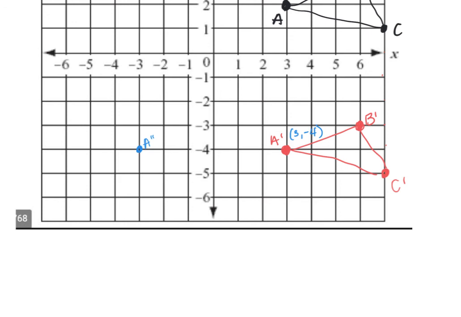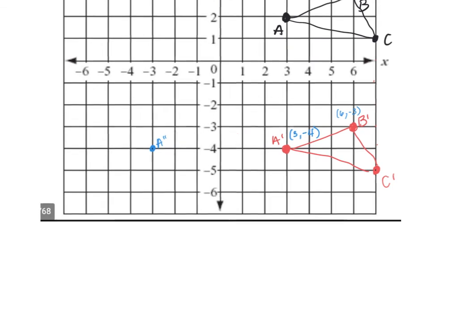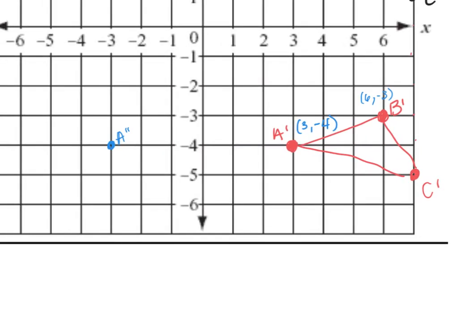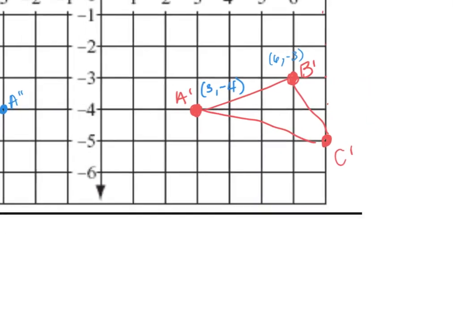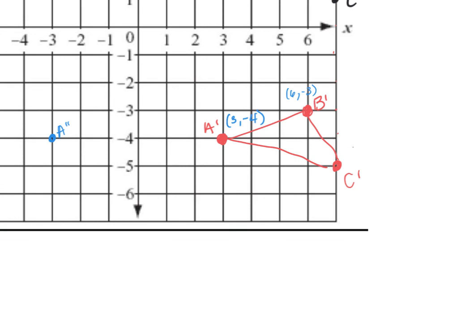Same thing for B prime. So this is at 6, negative 3. When you reflect over the y-axis, this then becomes negative 6, negative 3. So that's going to be all the way over here. This is going to be our B double prime. And our C prime is at 7, negative 5.